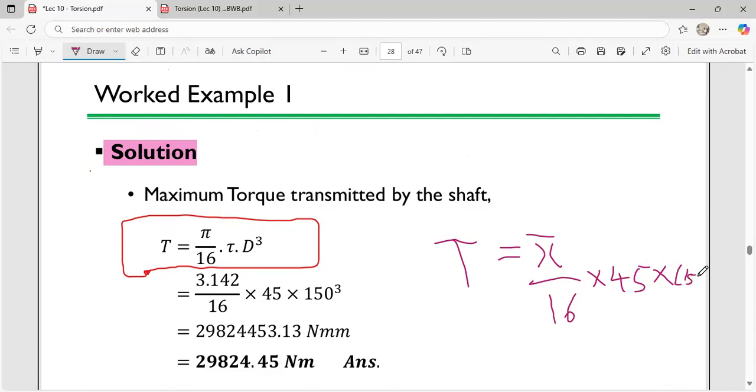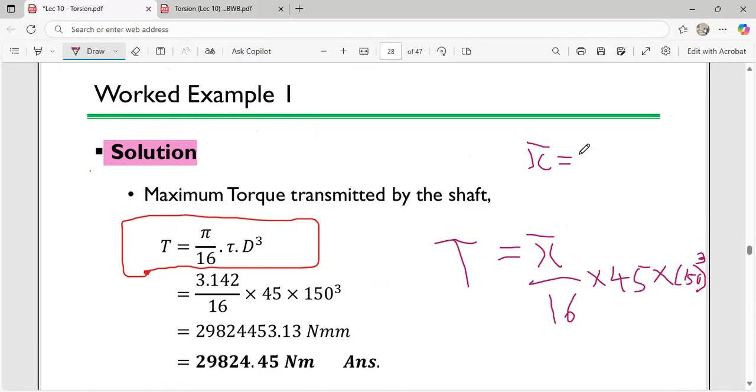At the end of the day, you just cube it. It's just a matter of substitution. Pi is a constant, and we are using three decimal places. Please avoid two decimal places at least.